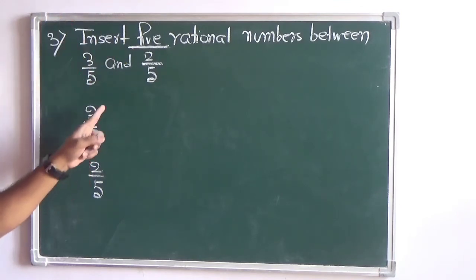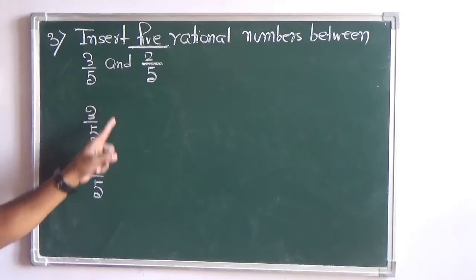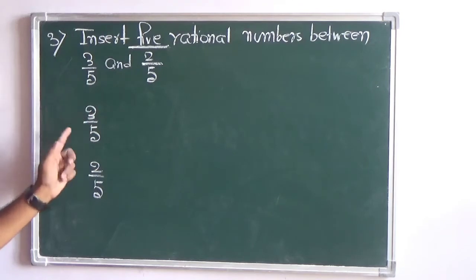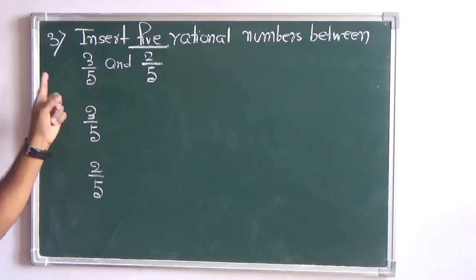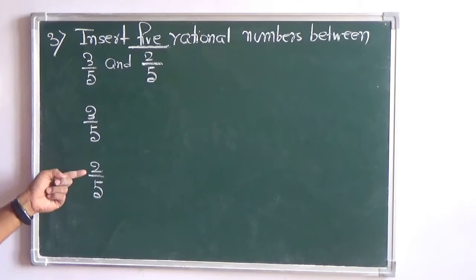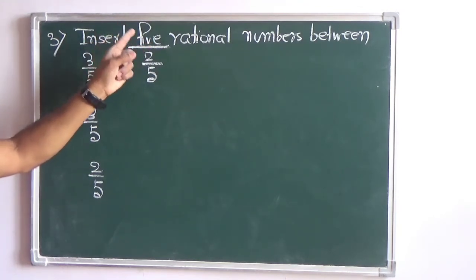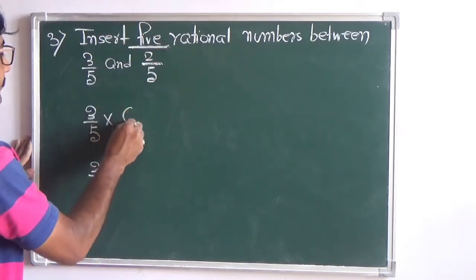So multiply both the numerator and the denominator by 6 for both the rational numbers. Am I clear? First, if the denominators are different, make them same by taking the LCM. Now here we already have the denominators equal. Now between these two numbers, 2 by 5 and 3 by 5, if you have to find 5 rational numbers, add 1 to the 5, that is 6. So multiply with 6.